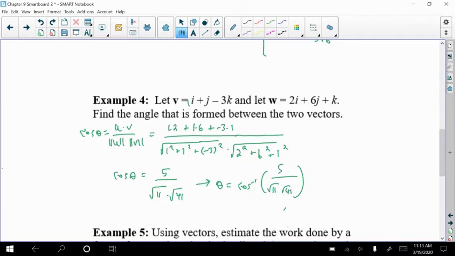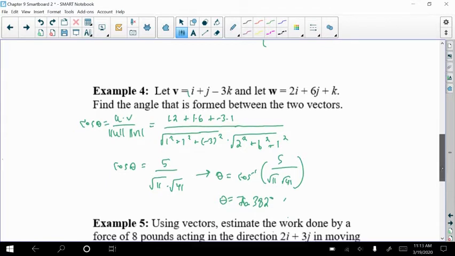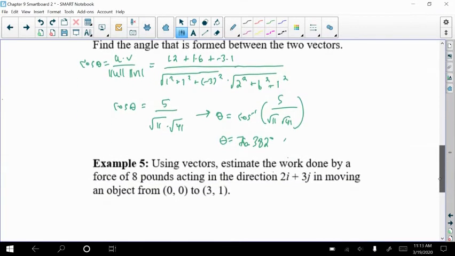And again, I'm in degree mode because I think we have a better intuitive feel for that measurement. That's about 38.2 degrees. Excellent. So anything that happened in the second dimension will also happen in the third dimension.